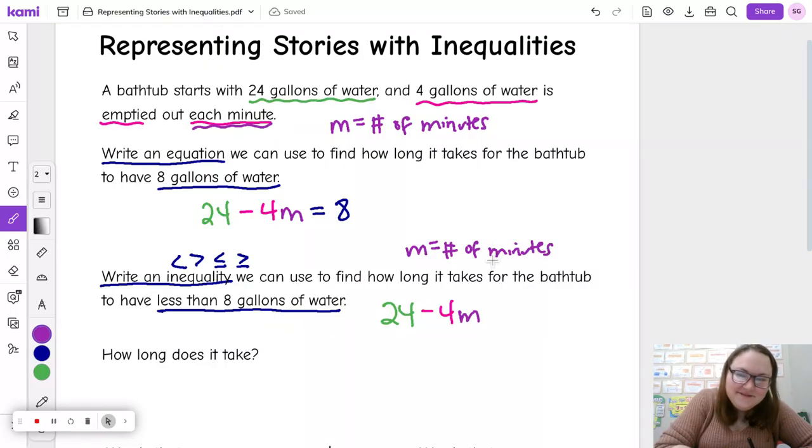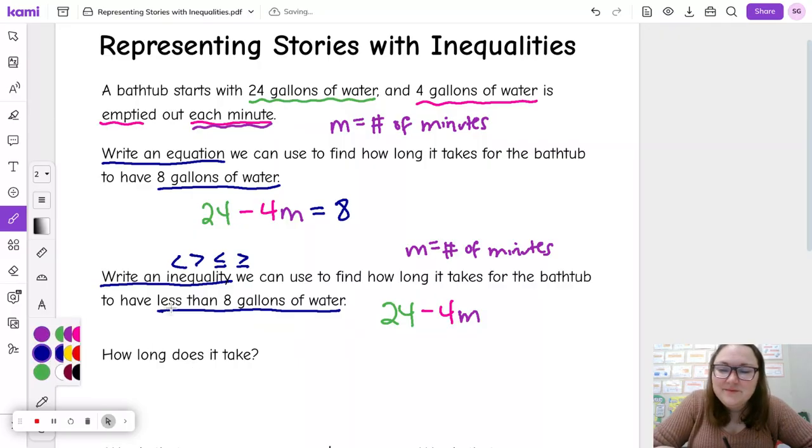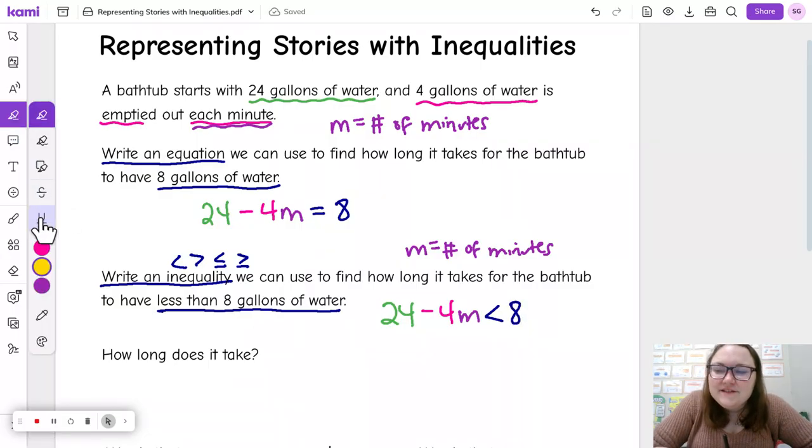All of that's the same. The only difference is because we want less than 8 gallons of water, I'm going to say less than 8. So the only difference today is instead of using this equal sign, we're going to be using inequality signs, which means paying attention to words like this are going to be really important.